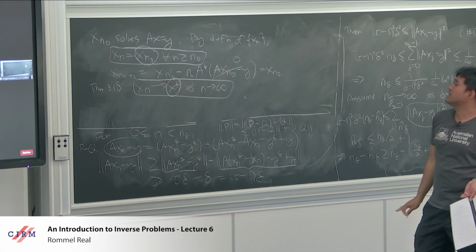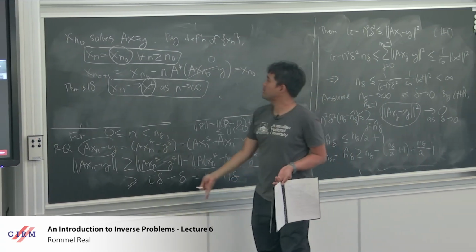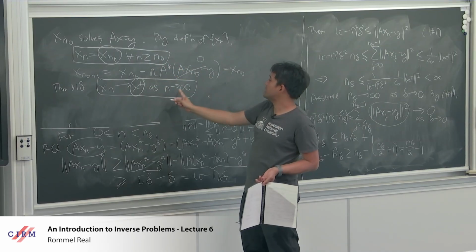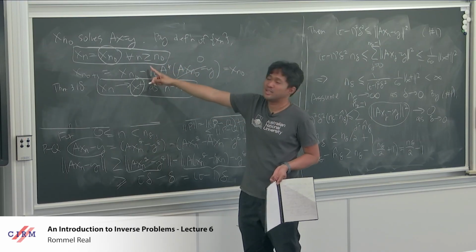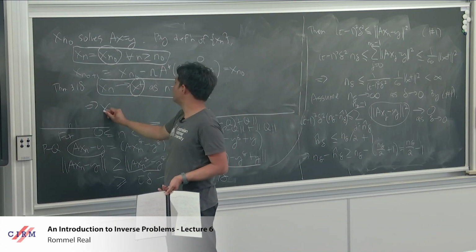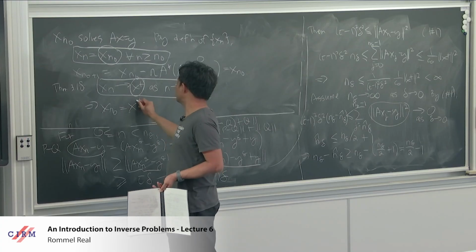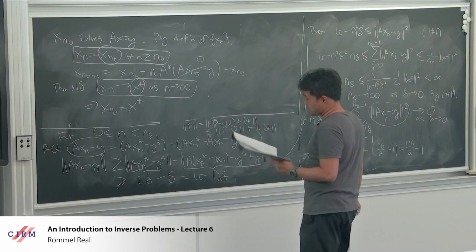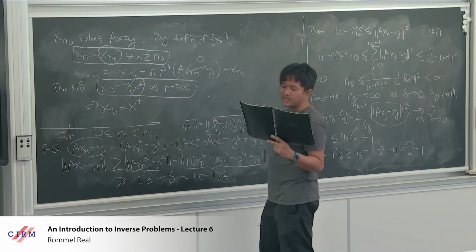Why? Because this is like the limit as n goes to infinity. So that means x sub n sub O is just x dagger. And that actually proves the result.